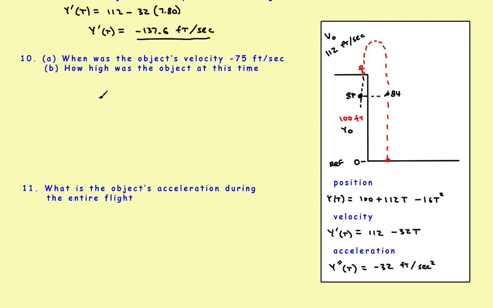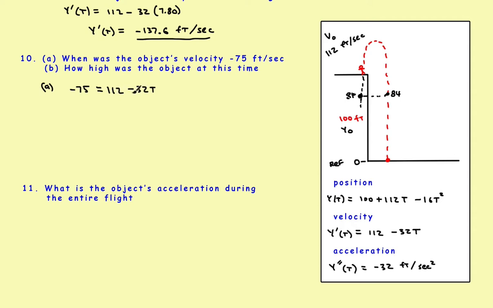So this will be part A. In place of y prime, put in minus 75. That's the velocity, and we'll put that into the velocity equation: minus 75 equals 112 minus 32t.